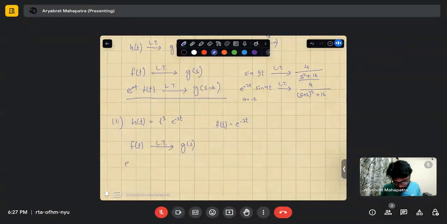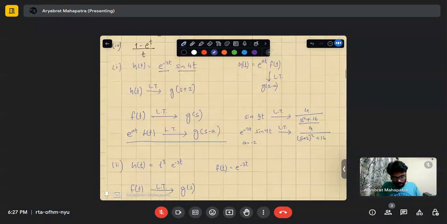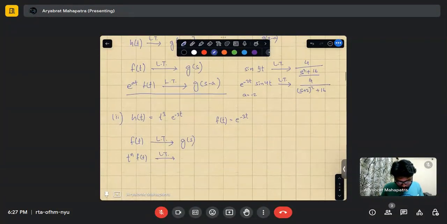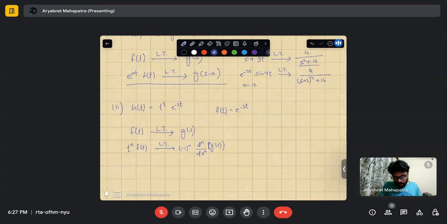When I multiply a factor of t to the power n on this f of t and take the Laplace transform, according to property four, that will give you minus 1 to the power n times the nth derivative of g of s. That is what you will end up with.